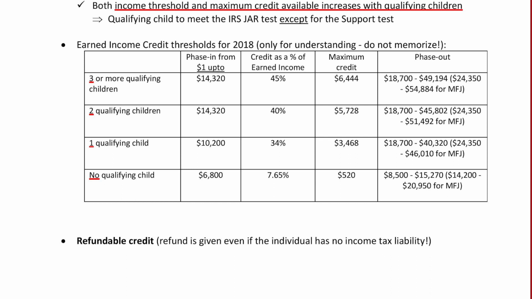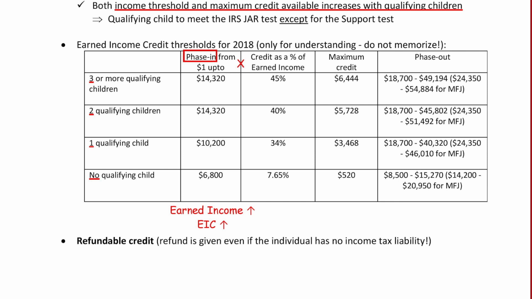On the second column, put a box around phase in. And here the logic is, right, as earned income increases, the earned income credit or EIC increases. Between the second and the third column on the first row, put a multiplication cross.